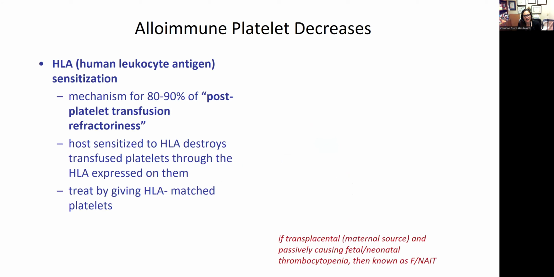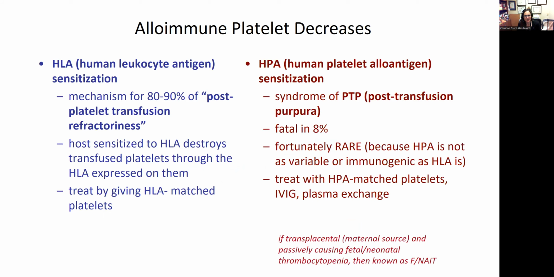So we've covered platelet transfusion refractoriness from HLA at the very beginning of the talk. This accounts for 80 to 90% of platelet transfusion refractoriness, and the remainder are HPA sensitizations, which can manifest in the syndrome of PTP, post-transfusion purpura. This doesn't really respond to steroids, and so we need to use IVIG or apheresis to treat PTP.